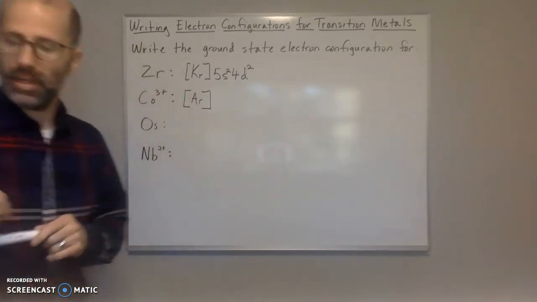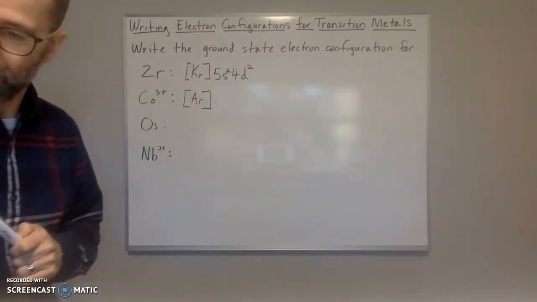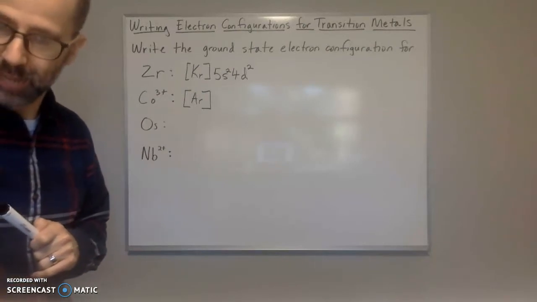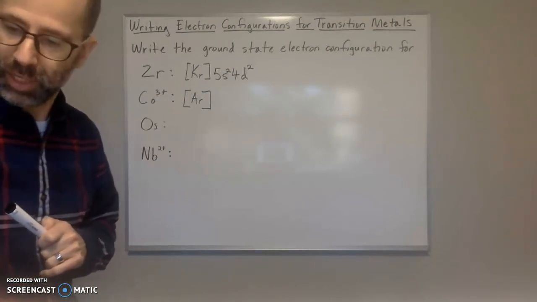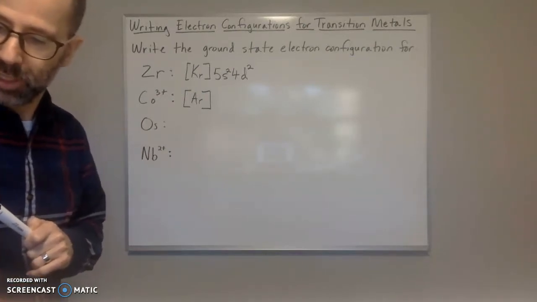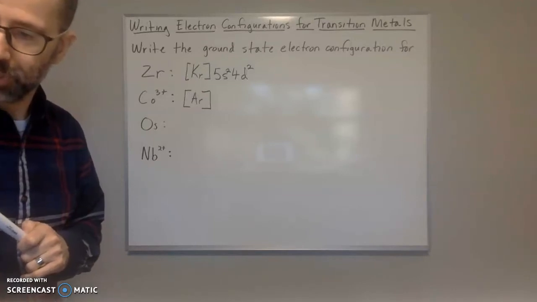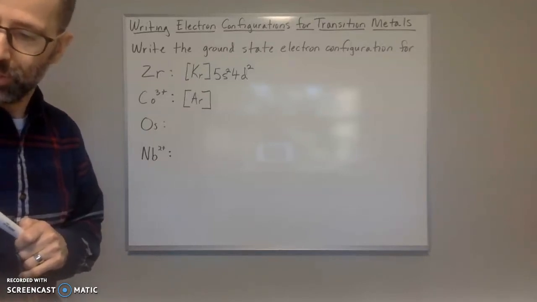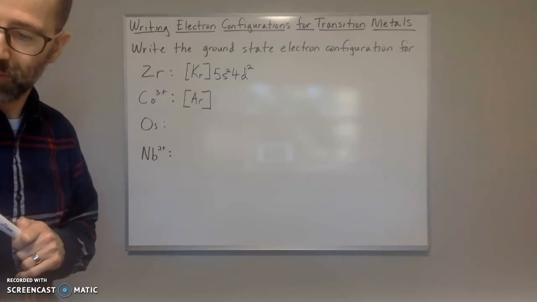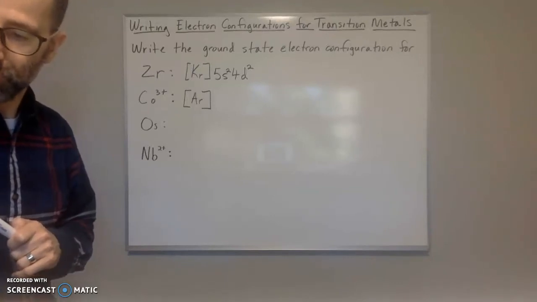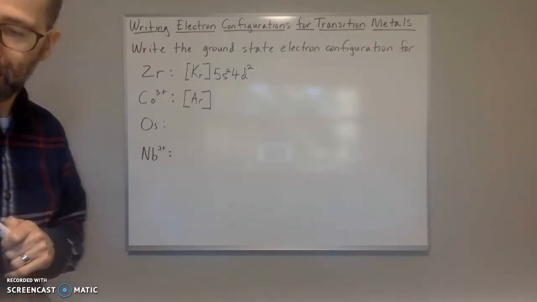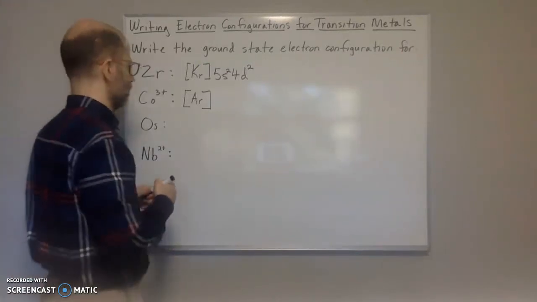It has how many more electrons beyond argon? If we look, we're going from argon, which is number 18, to cobalt, which is 27. So it's going to have 1, 2, 3, 4, 5, 6, 7, 8, 9 more electrons.